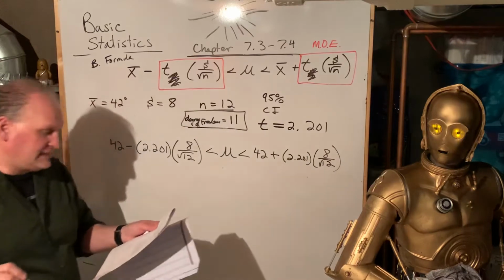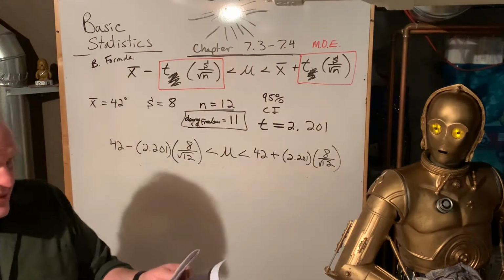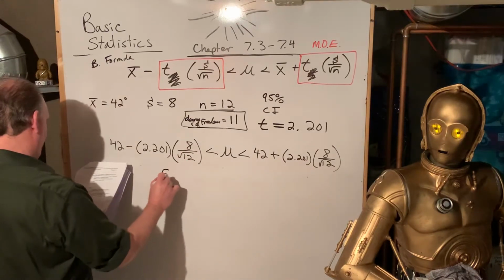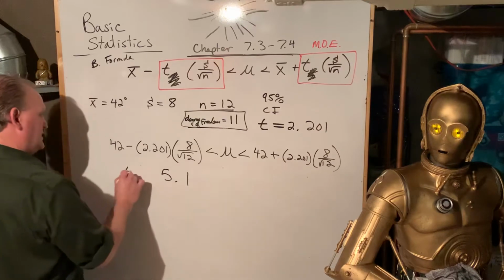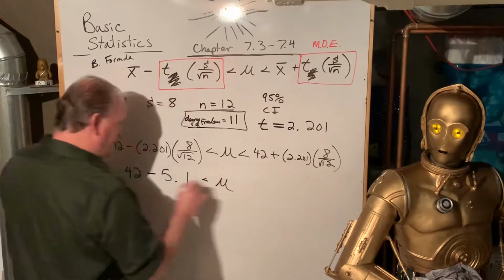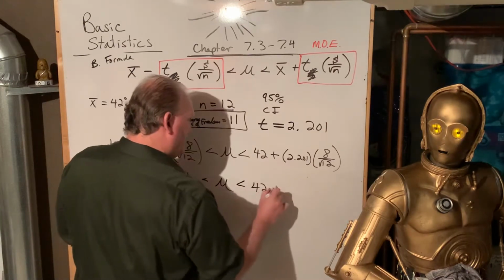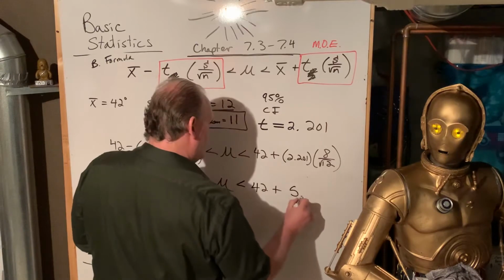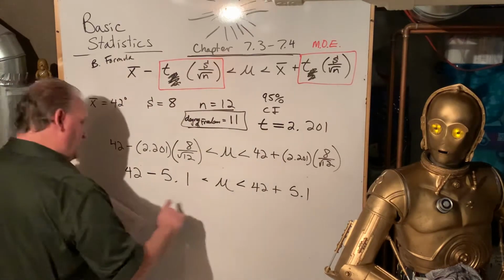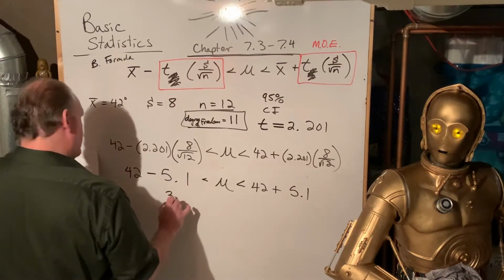So here, let's make quick work of this. We'll round to tenths right away. So when I multiply all that out and round to tenths, I get 5.1. So I got 42 minus 5.1 as my margin of error, and 42 plus 5.1.